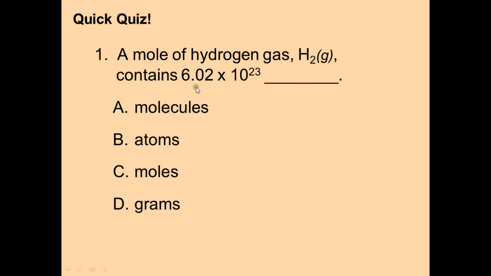But 6.02 times 10 to the 23rd is 1 mole, and so if we have H2 times 6.02 times 10 to the 23rd, it would be molecules because H2 is a molecule. It's not an atom, and then this is a mole. So it's not 6.02 times 10 to the 23rd moles, it's just 1 mole. And grams, you can just eliminate that because we're not even talking about mass yet.